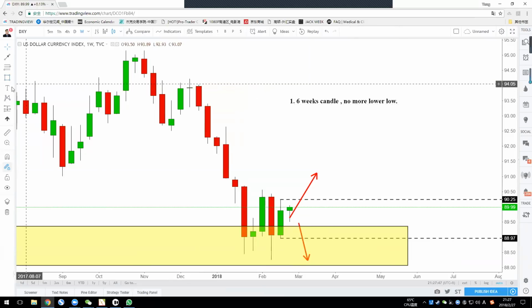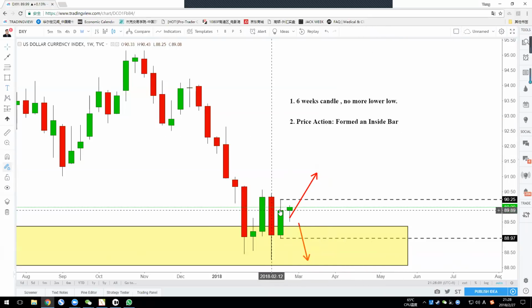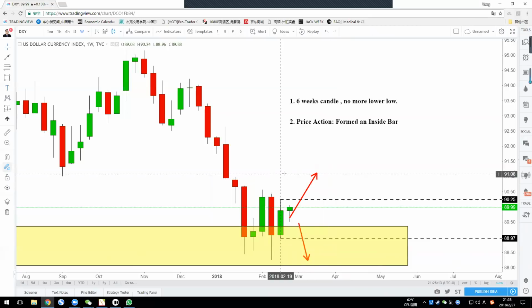Second, price action formed an inside bar. An inside bar tells you that the price is ranging, no direction.